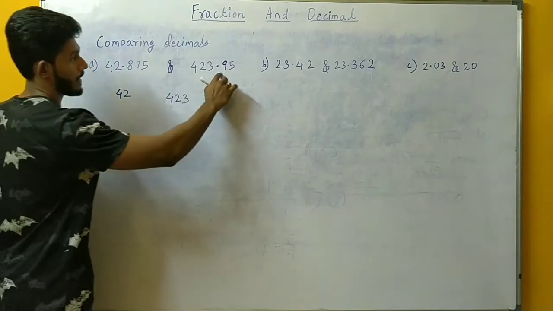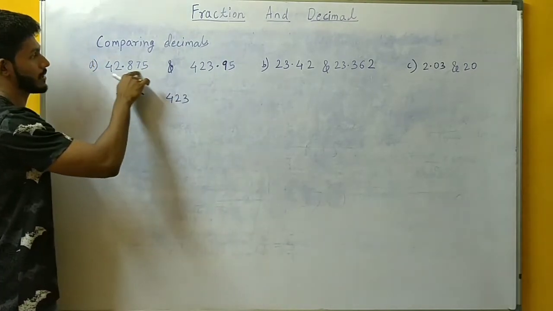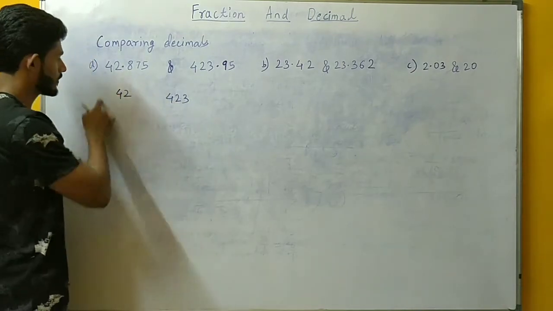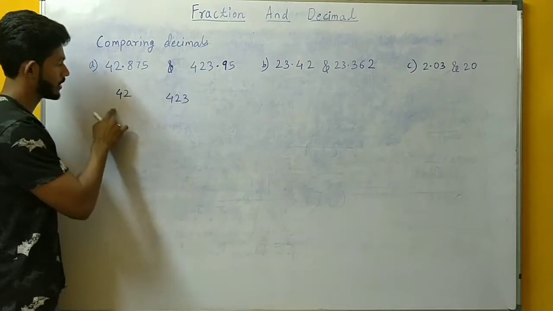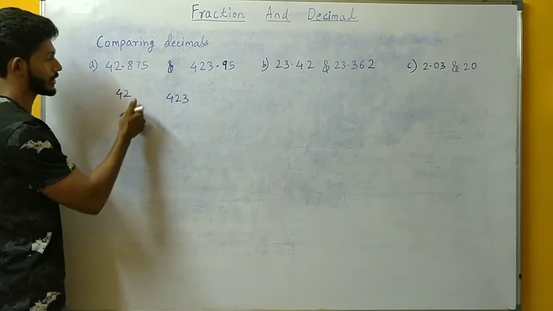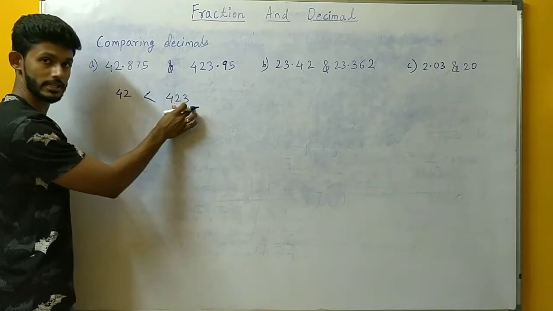The part after the decimal point is the part of these two numbers. This is 42 and this is 423, and we all know that 42 is less than 423.